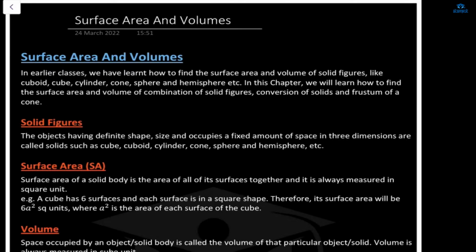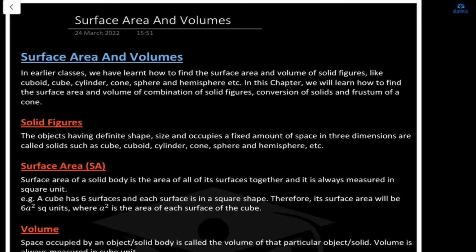Now let's see. First we'll see the common definitions. You are already well aware of them, but there will still be a quick discussion, and if you feel any doubt in any of the definitions, you can clear it. Till now you have been calculating areas of a square, a cube, a circle.